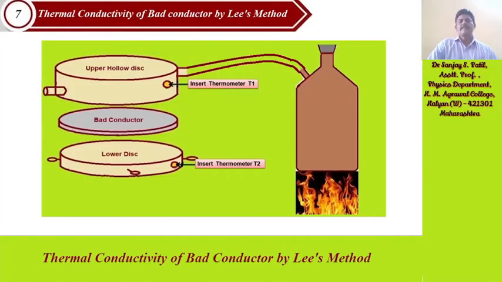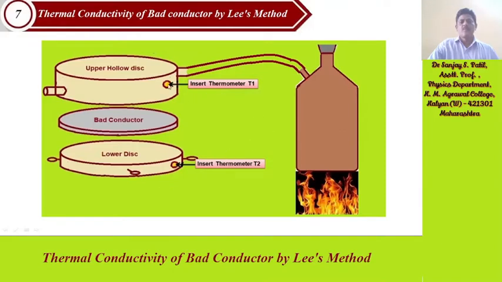Now we will see in this experiment the thermal conductivity of a bad conductor by Lee's method. This experiment consists of one steam generator, and that steam generator supplies steam to the upper hollow disc. There is one slice of a bad conductor and there is one lower disc. So upper hollow disc, slice of bad conductor and lower disc.